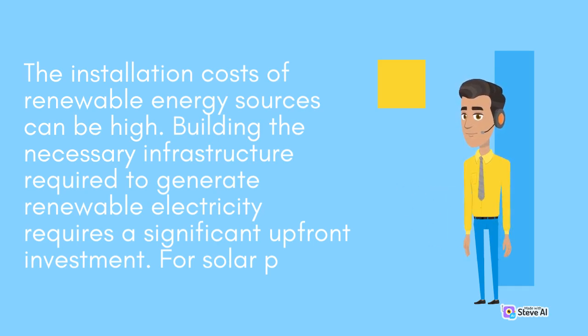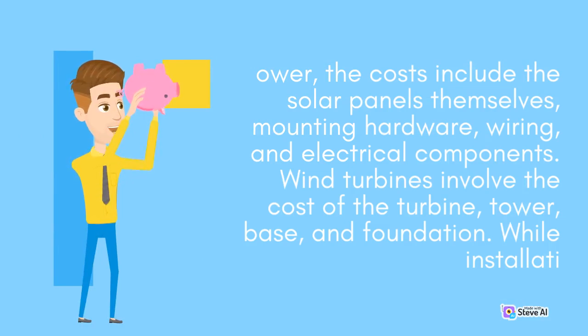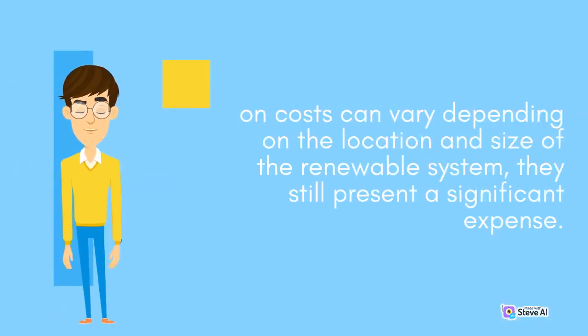For solar PV, the costs include the solar panels themselves, mounting hardware, wiring, and electrical components. Wind turbines involve the cost of the turbine, tower, base, and foundation. While installation costs can vary depending on the location and size of the renewable system, they still present a significant expense.